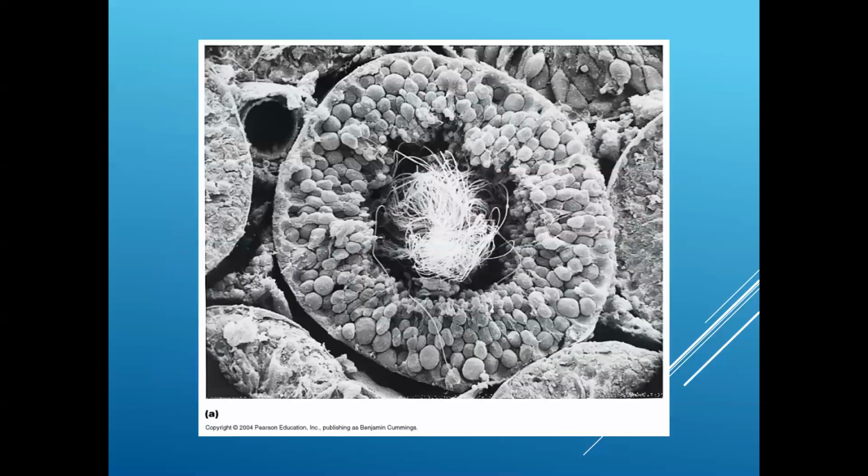So here's a picture again of a seminiferous tubule, and here would be the spermatogonia out here, and then here would be the early up here, and late spermatids. And then these are the actual sperm. They're still not ready to go yet. They're going to hang out in the epididymis and then get ready to be active, and then they'll be ejaculated.